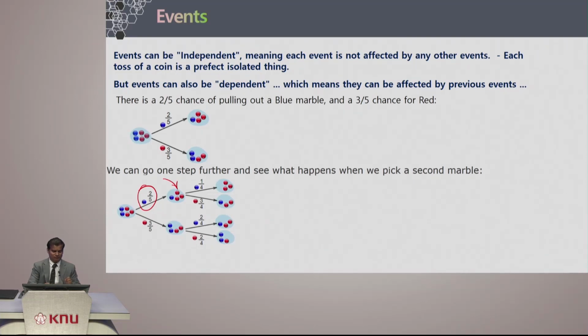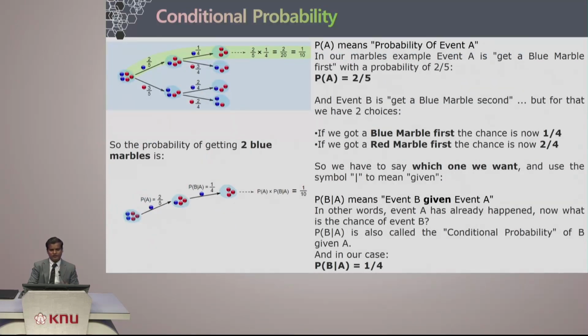Likewise, if you pick up the red marble in the first instance, then for the second instance of picking up the red marble, the probability changes to 2 by 4, and so on, because of the previous events. Now you can see how these events are dependent on one another. With this basis, let's look more at how conditional probability works.